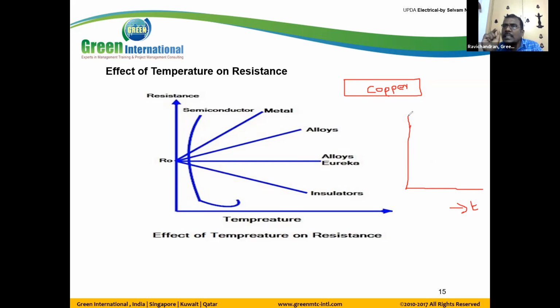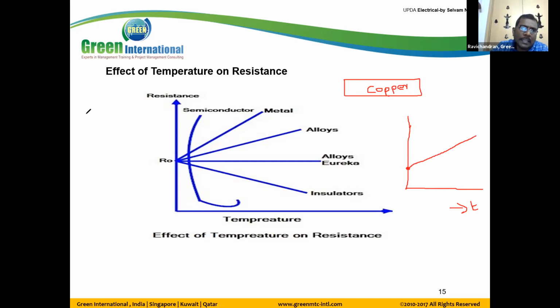That is some numerical number. The resistance value is not a negative value, so it is always a positive number. 1 ohm or 0.01 ohm like this, but it is greater than 0. So at 0 degrees Celsius, take some value. Now the temperature is increasing, and the resistance value is increasing.